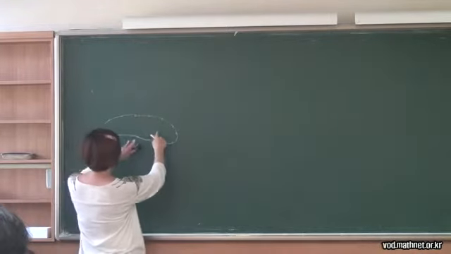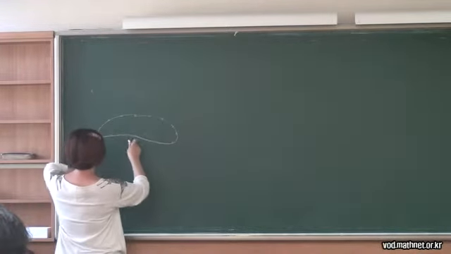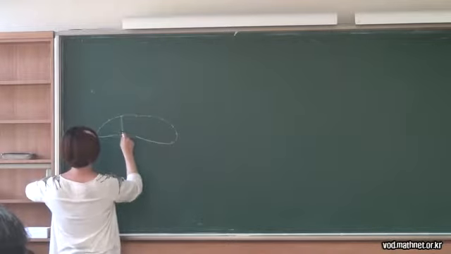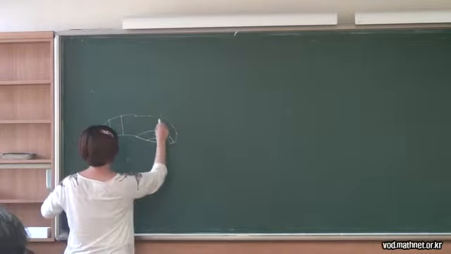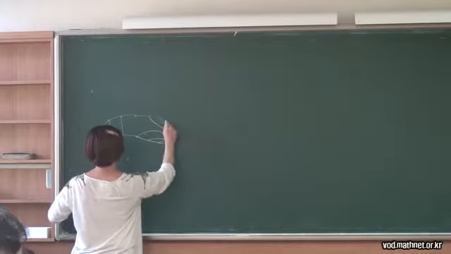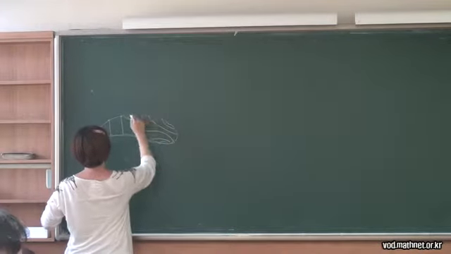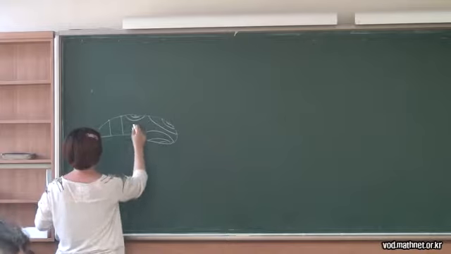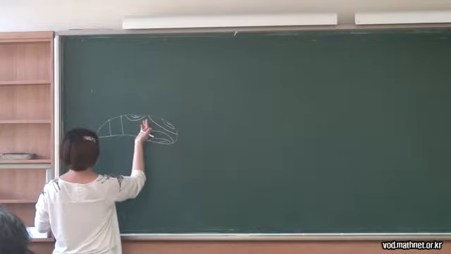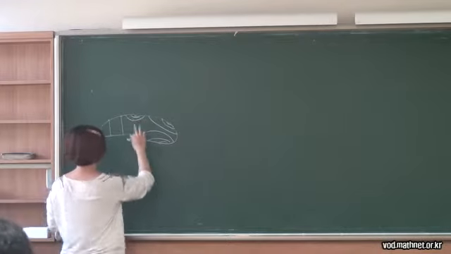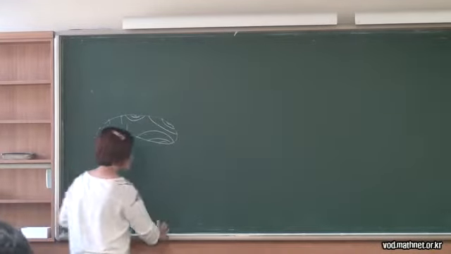So typically we can draw the outerplanar graph like that, and the edges may be like this or like this. But there is no vertex like this, because this cannot be.